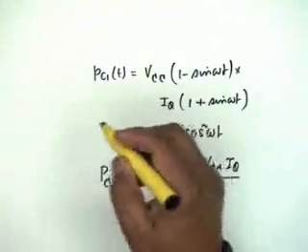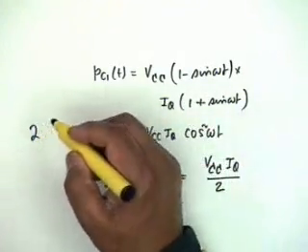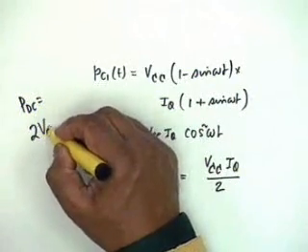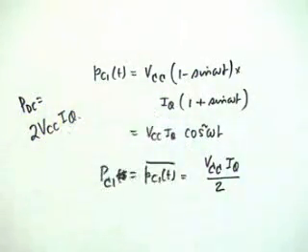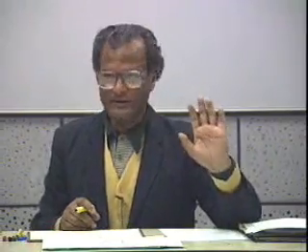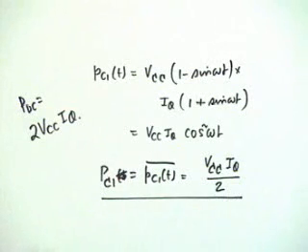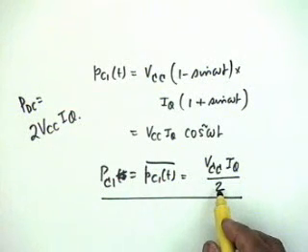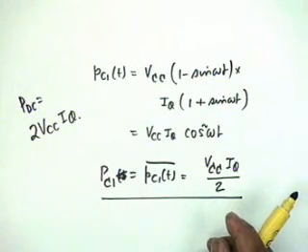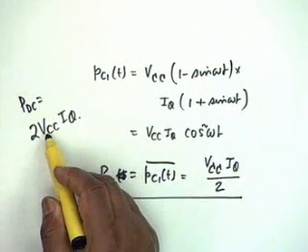Whereas what we have found out is that the total power supplied PDC is equal to twice VCC IQ. So where are the other components? We have found out the dissipation in Q1. Average dissipation in Q1 is VCC IQ by 2. I require another 3 VCC IQ by 2 to be able to get this figure.